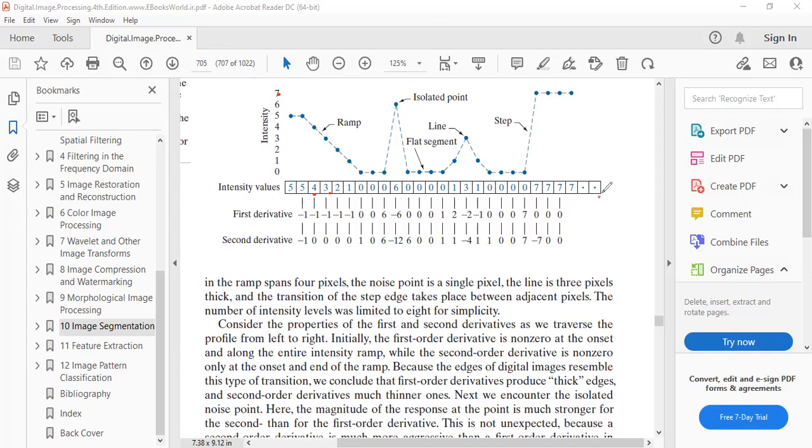Now I am finding the first derivative. What is the first derivative formula? f dash is f of x plus 1 minus f of x, which means we have to find the difference of these two.